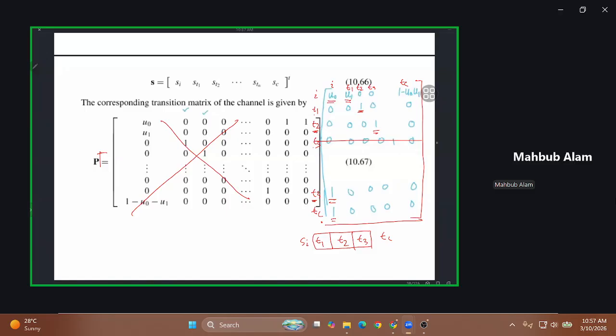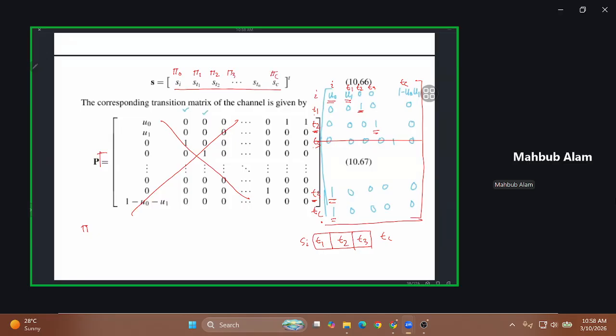Now, once we have the transition probability matrix, we consider that these are the steady state probabilities following the text. For the idle state it is pi naught, transmission states are pi 1, pi 2, and pi 3, and the collision state is pi c.